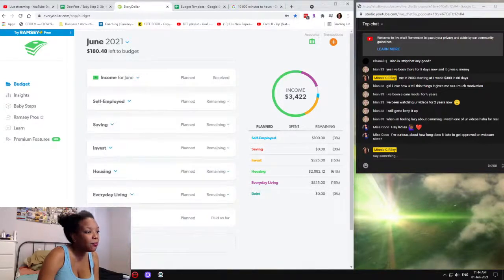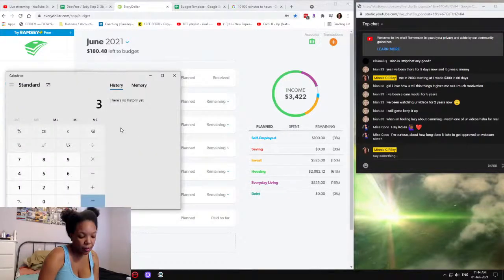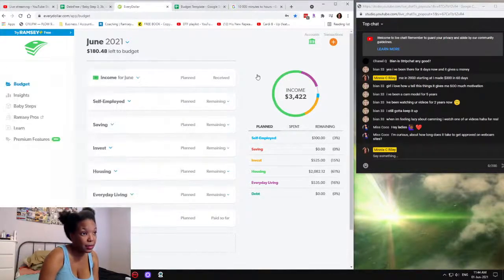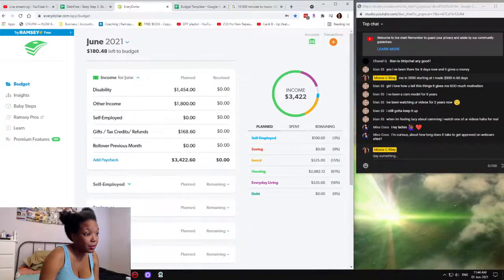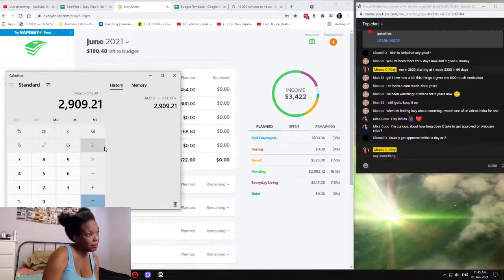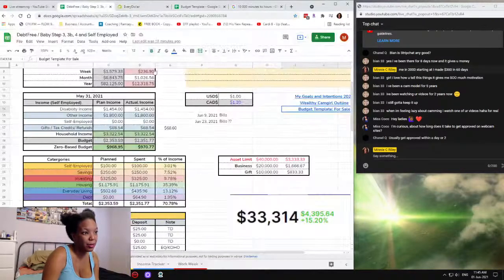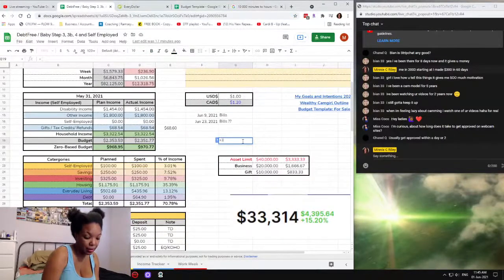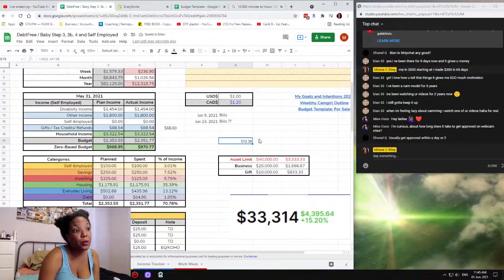So 15% of that... let me do it in the spreadsheet. $513.39 is 15% of my income for this month that goes into investing.